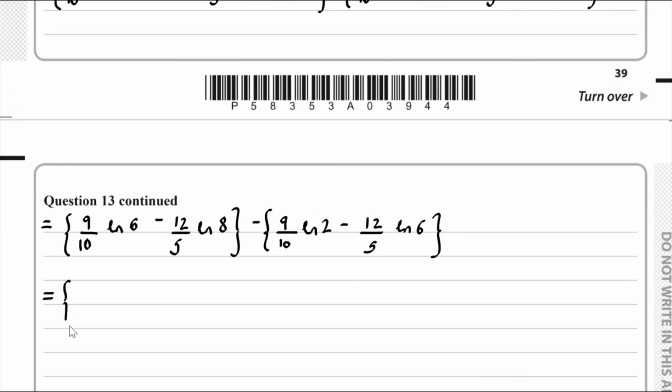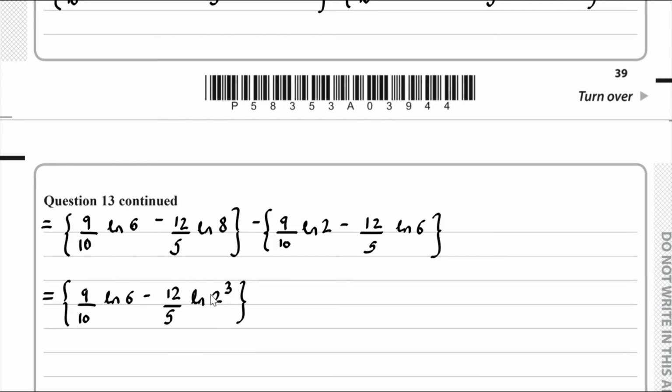For the upper limit, we still have 9 over 10 times the natural log of 6, and this 12 over 5 times the natural log of 8, we can write as 12 over 5 times the natural log of 2 cubed.